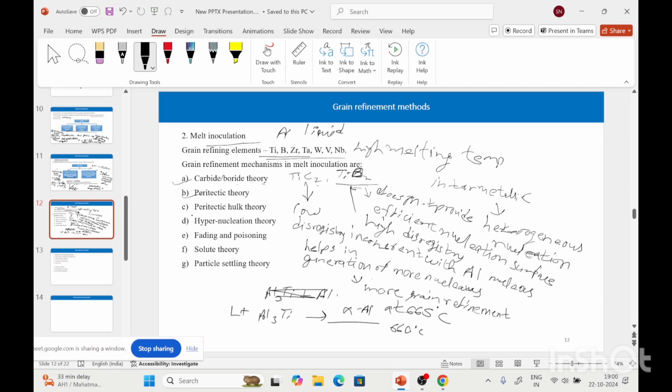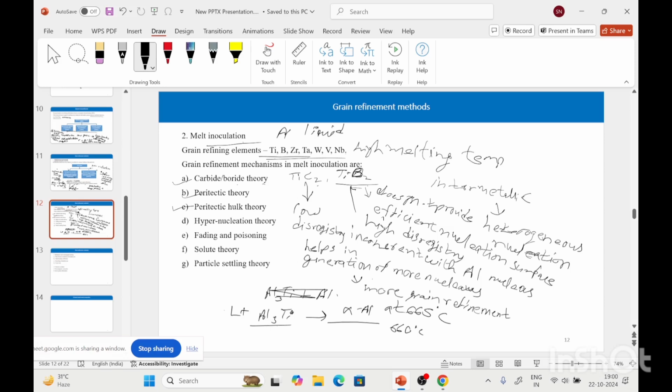Next is the peritectic hulk theory. The Al3Ti intermetallic particle can also dissolve during the solidification process.